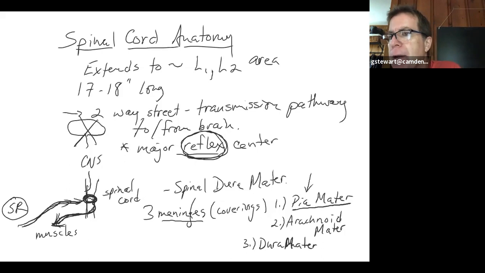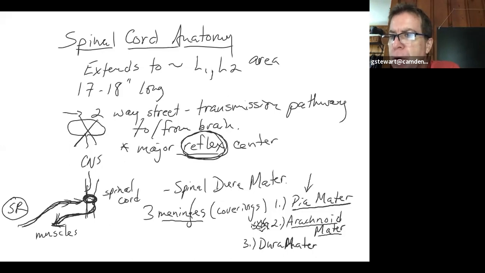Unless you had a probe or a scalpel and gently picked it off, it's like a clear skin. The arachnoid mater is a bit thicker volumetrically, but it looks like a teased cotton ball. Somebody thought it looked like a spider web. That's where they gave it its name. That's the second layer outside of the pia mater, moving away from the neural tissue.